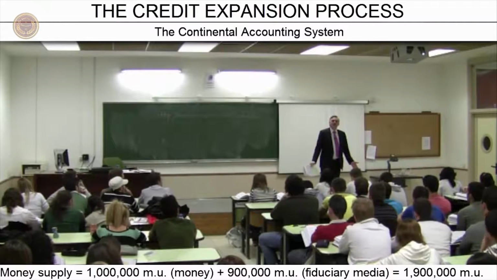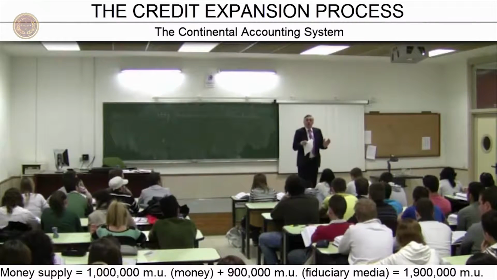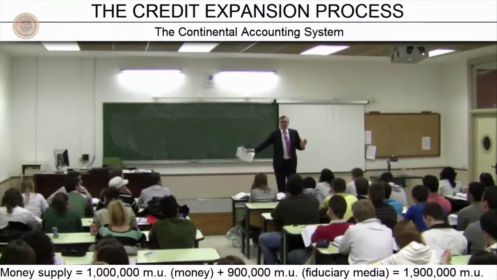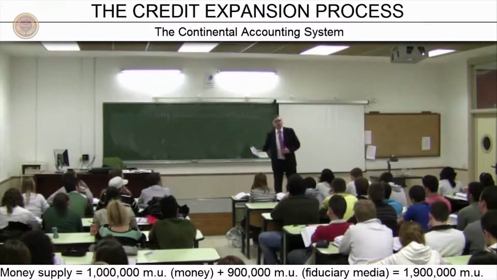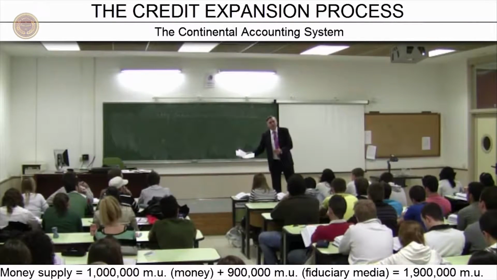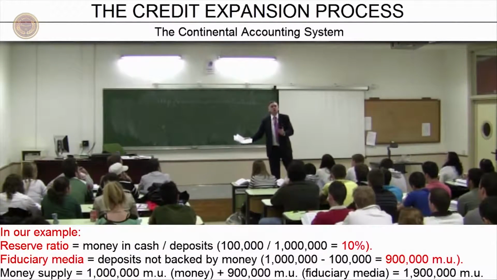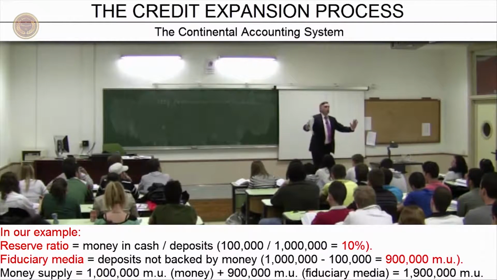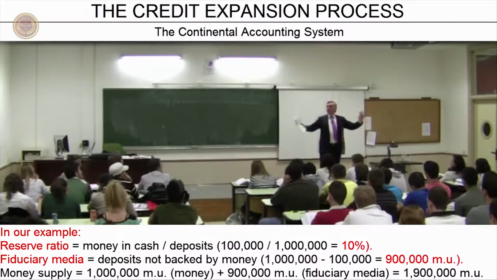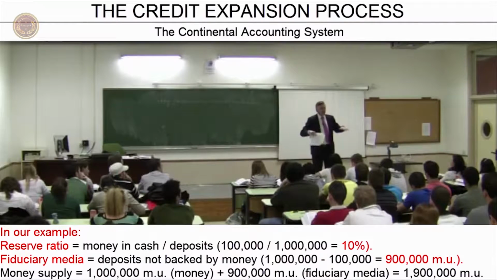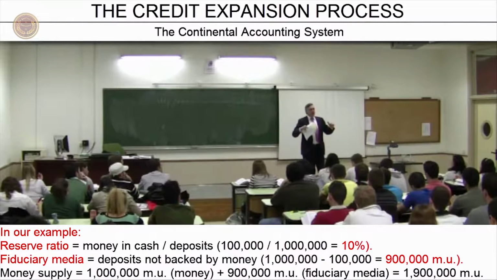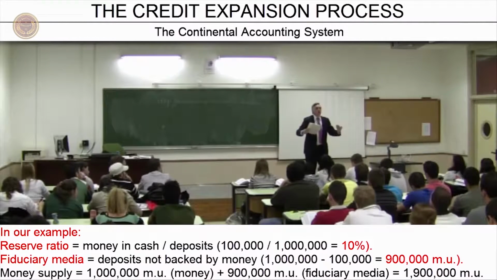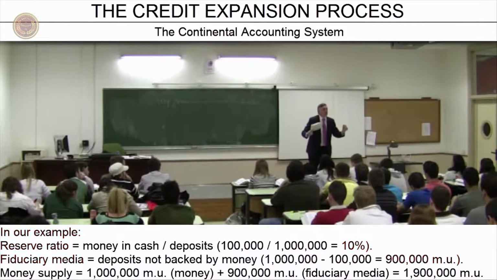Since the bank has kept only 100,000, yet it acknowledges 1 million in deposits, it has created 900,000 additional monetary units, which are fiduciary media, a mere accounting entry. We have supposed that because the bank maintains a reserve ratio of 10%, it has created 900,000 units of perfect money substitutes. A money substitute is not actual money, but a fiduciary medium that functions as if it were money.